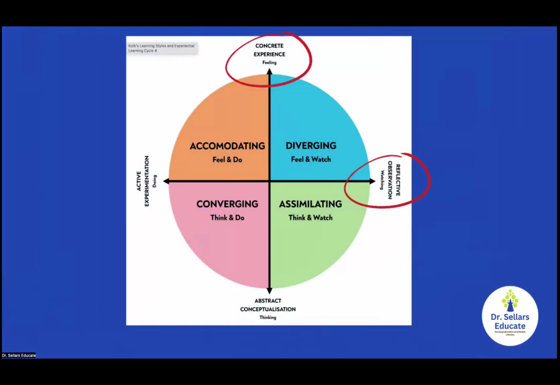Feeling versus watching. Just want to share this model again. Hopefully yours looks similar to this or similar to mine, maybe neater than mine was earlier. But we're talking about the concrete experience, and that is associated with feeling, versus the reflective observation, which is associated with watching.